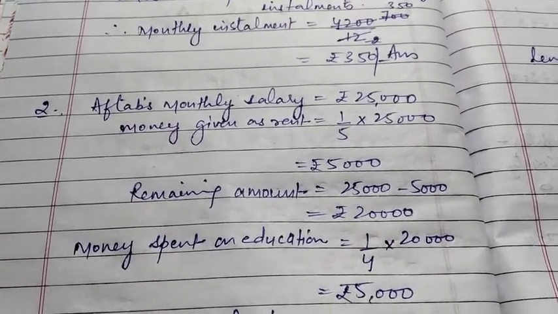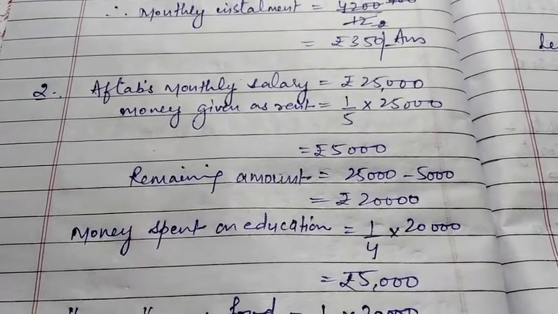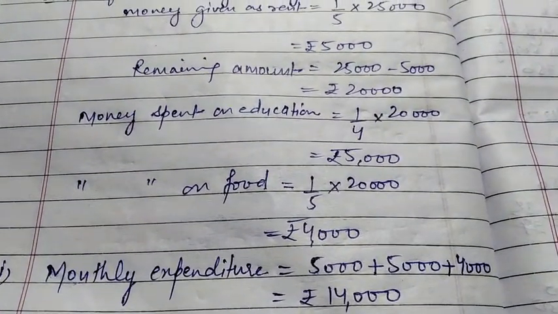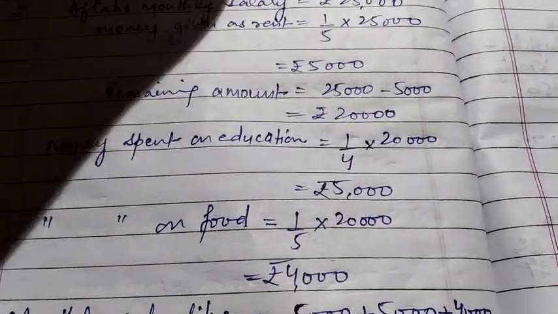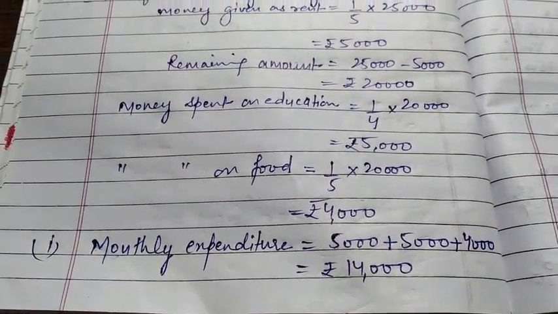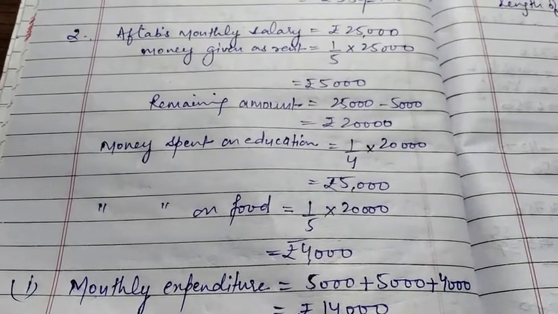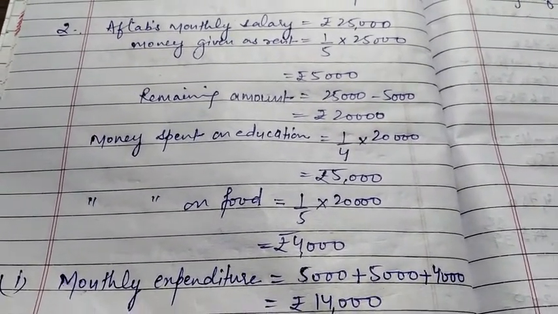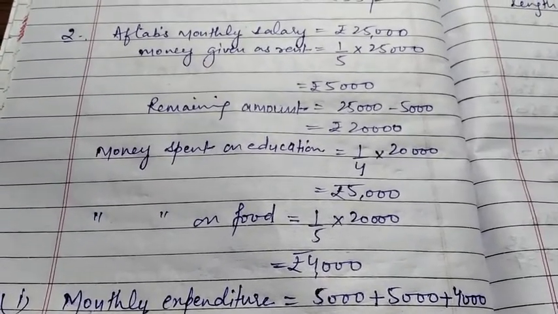Now from this 20,000 he is spending 1/4 on education, then 1/5 on food, and then you have to find out, according to the question, Aftab's monthly expenditure. So expenditure was 3 things: first rent 5,000, on education 5,000, and on food 4,000. So total expenditure is 14,000.